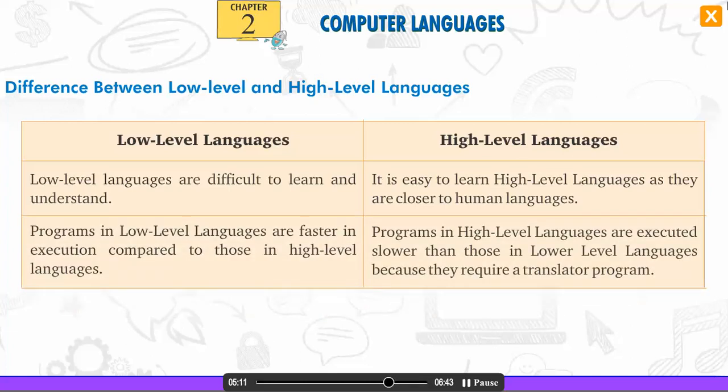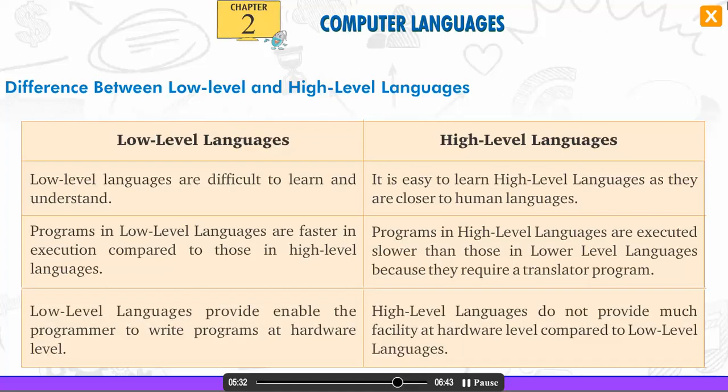Programs in low-level languages are faster in execution compared to those in high-level languages. Programs in high-level languages are executed slower than those in low-level languages because they require a translator program.